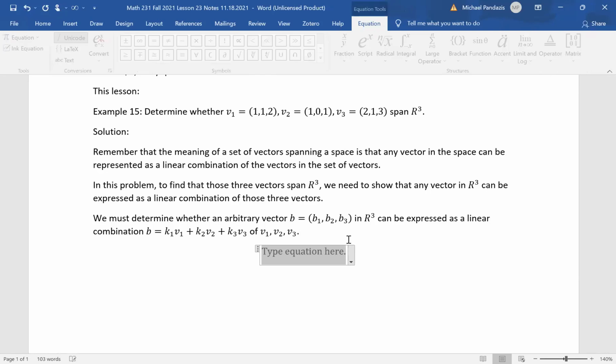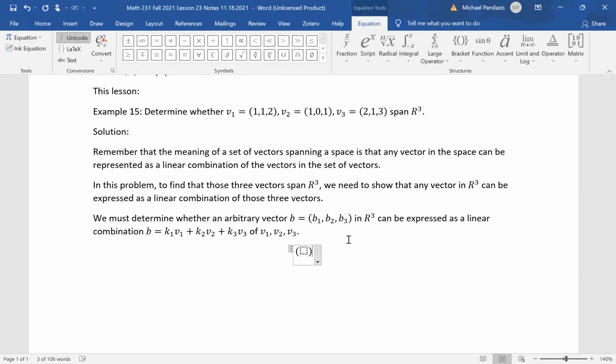Okay, well, saying that equation is saying that the ordered triple V1, V2, V3 is equal to K1 times V1, which is 1, 1, 2, plus K2 times V2, which is 1, 0, 1, plus K3 times V3, which is 2, 1, 3.